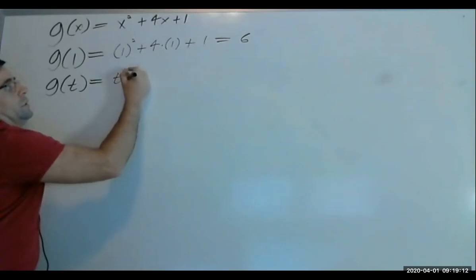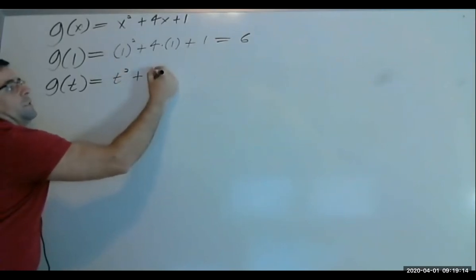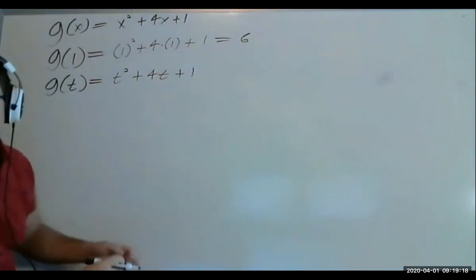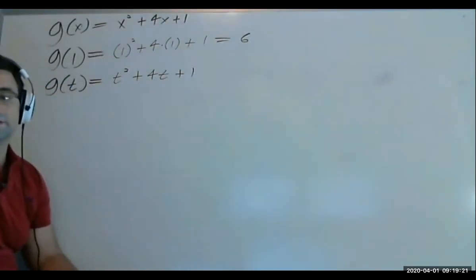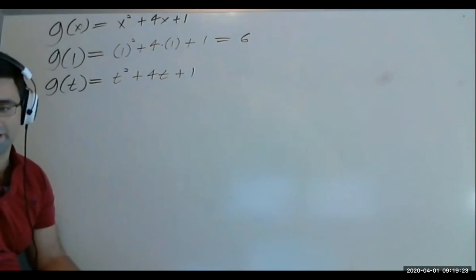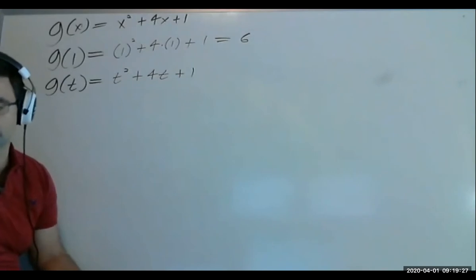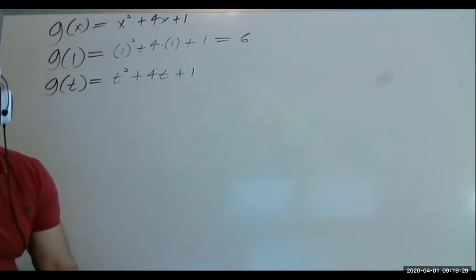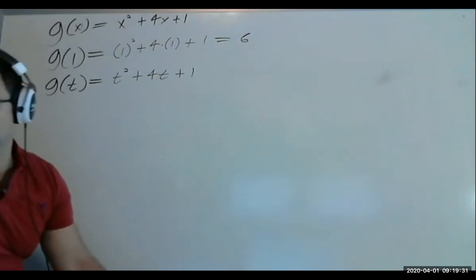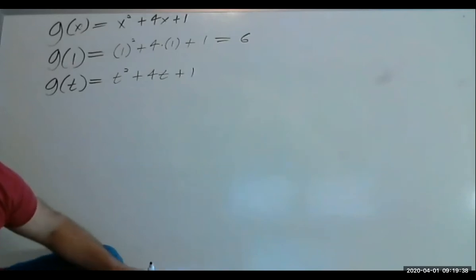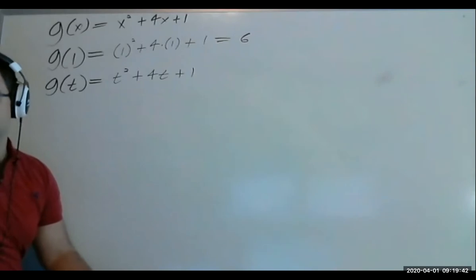So you get t squared plus 4t plus 1. It's as straightforward as that. Not doing anything crazy. All we're doing is taking what we are given as the function and literally just inputting the argument.